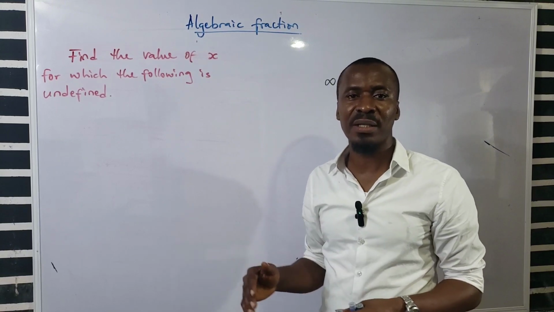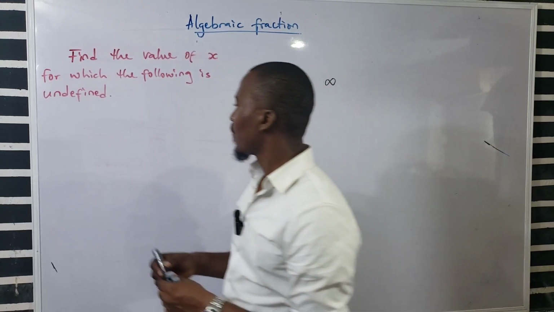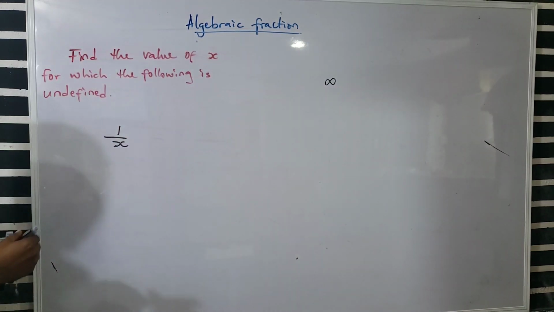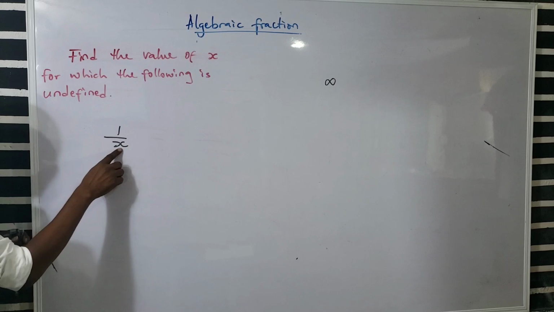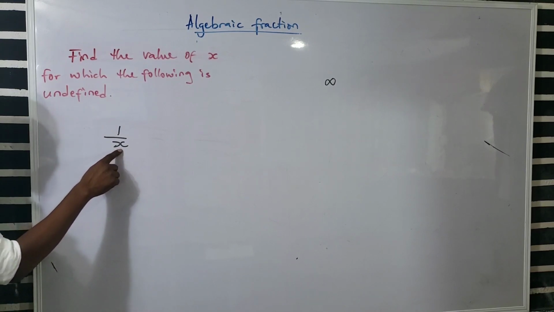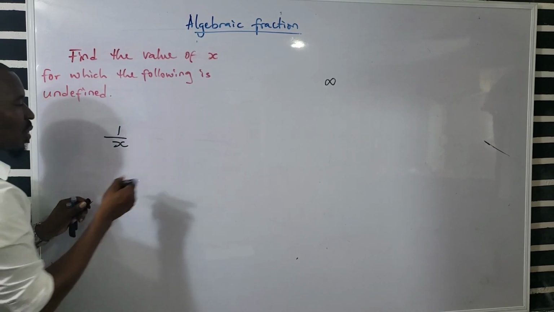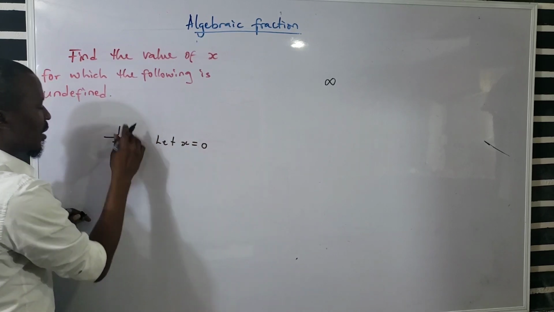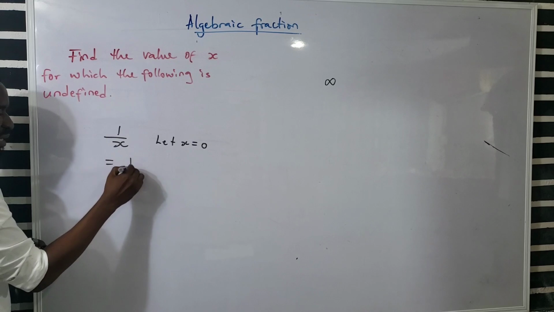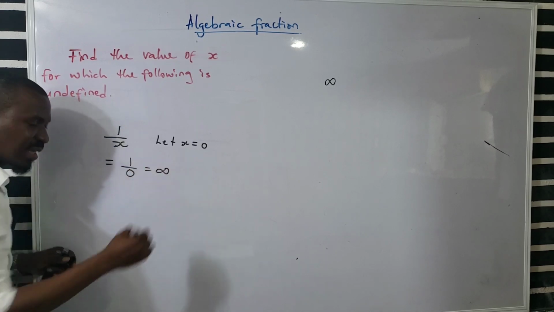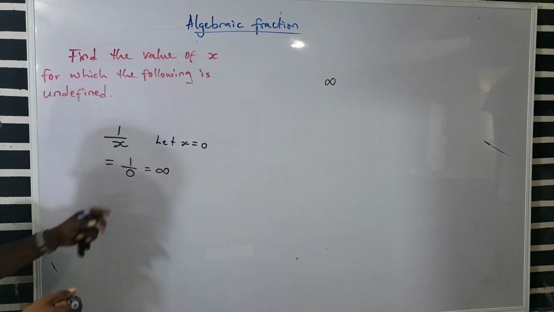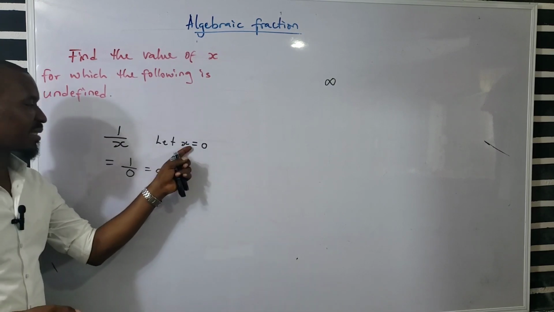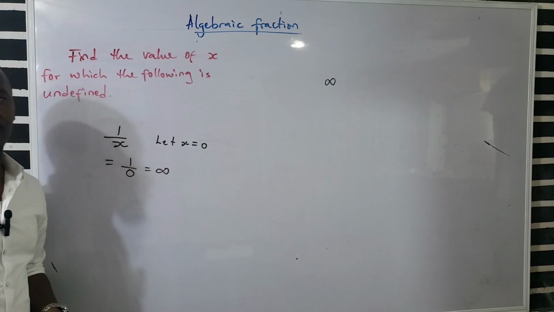Okay, for example, if we have 1 over x, you will notice that if we put x at 0, if we make x 0, we are going to have, okay, let's say we let x equal to 0. This thing is going to give us 1 over 0, and 1 over 0 is what? Undefined. That means this fraction here is undefined at x equals to what? 0.